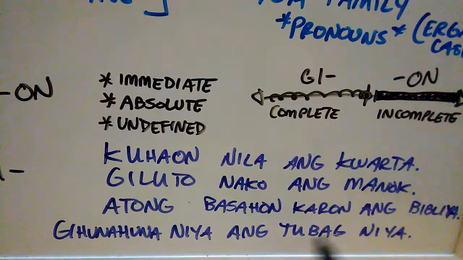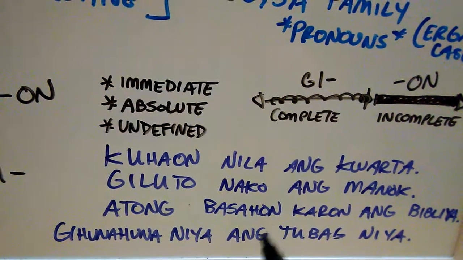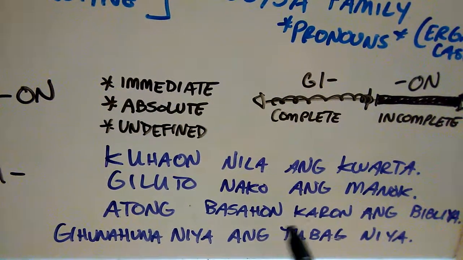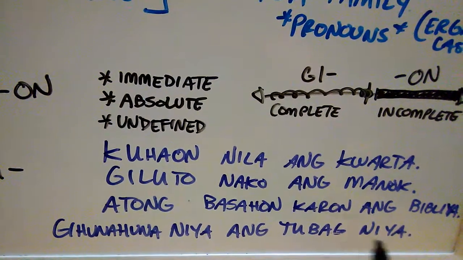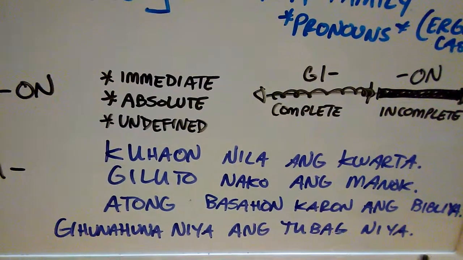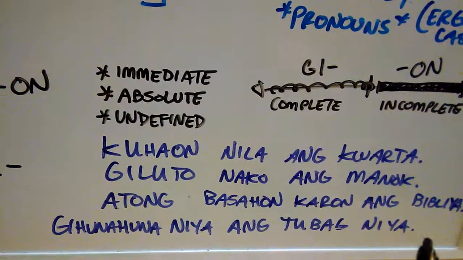So the answer of hers, or her answer. Ang tubag niya or ang iyang tubag, right? This is more like the answer of hers, versus ang iyang tubag means her answer. So she was thinking of her answer.